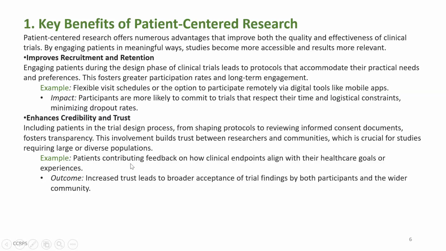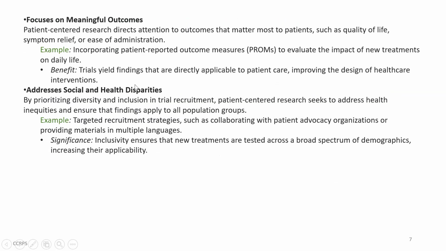Example: patients contributing feedback on how clinical endpoints align with their healthcare goals or experiences. The outcome here: increased trust leads to broader acceptance of trial findings by both participants or subjects and the wider community. Focuses on meaningful outcomes.